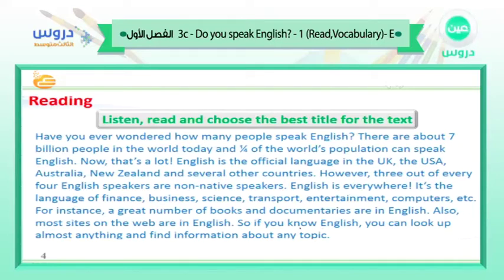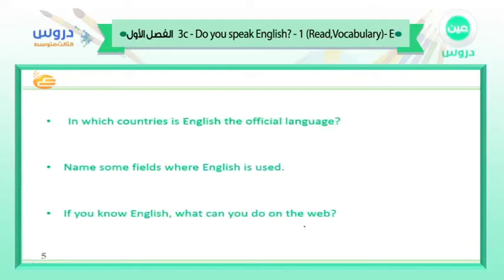Okay, let's go to the questions. Again, in which countries is English the official language? Name some field where English is used. If you know English, what can you do on the web?